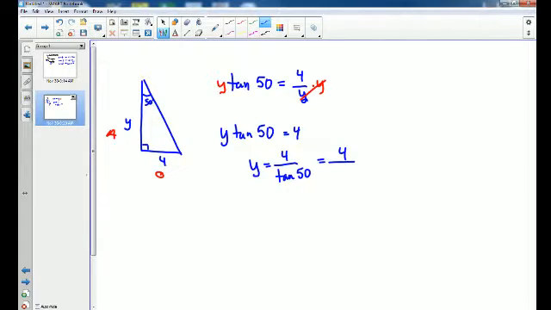Be careful, because my calculator is often run in radians mode, which you'll learn about. You have to, every time you use one of those, go to mode and choose degrees. 1.1917. So the answer is 3.356.